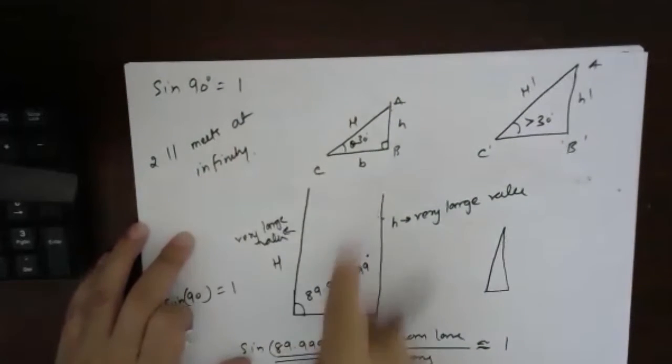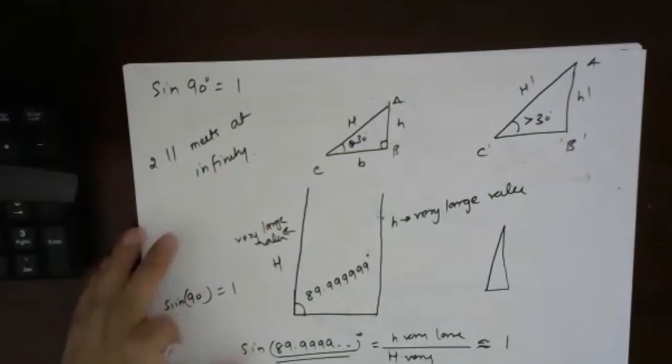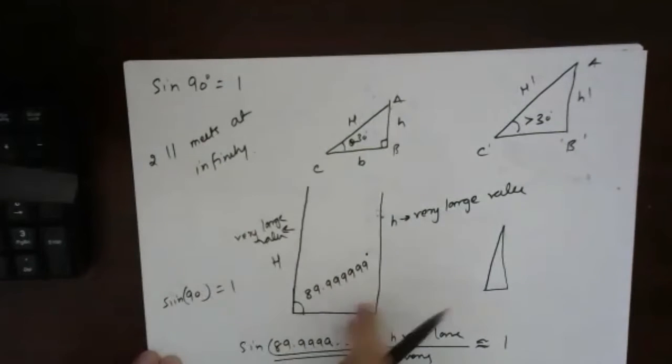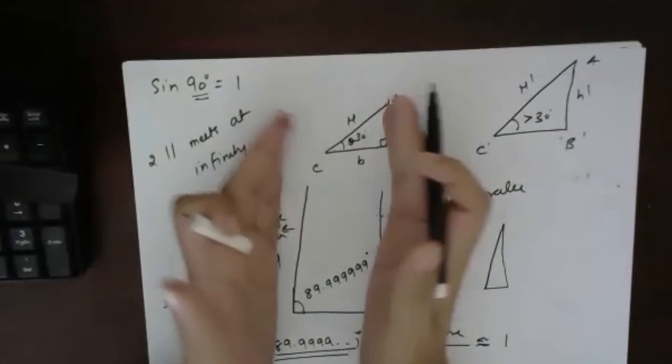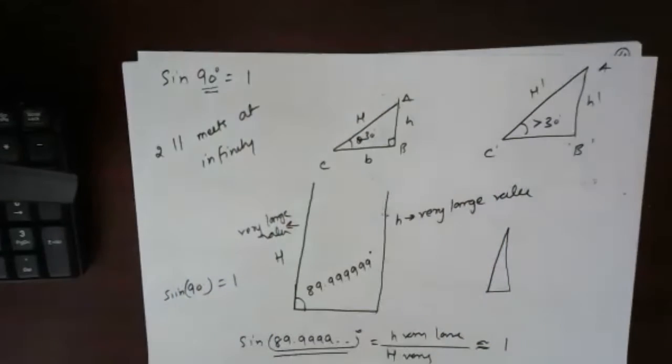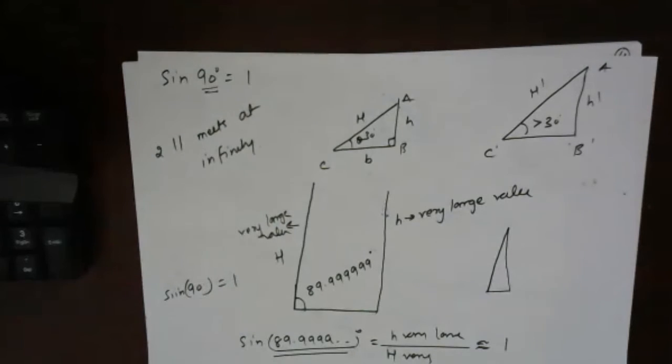So this is the reason why two parallel lines meet at infinity, because the same concept you have used in trigonometry, that when theta is 90 degree, they will meet at infinity. Understood? Everyone? This part everybody understood? Okay, fine.